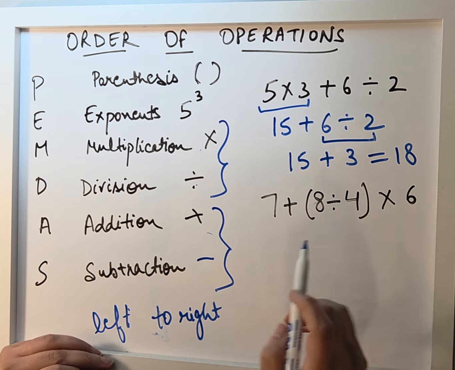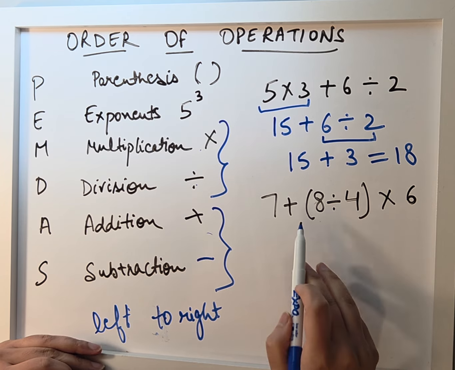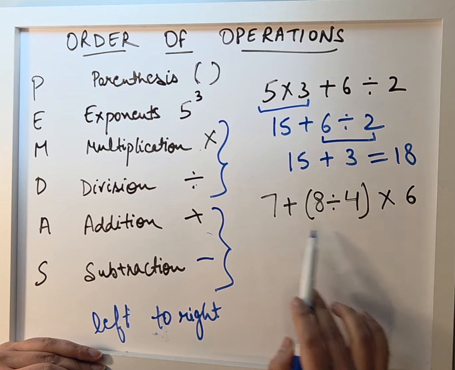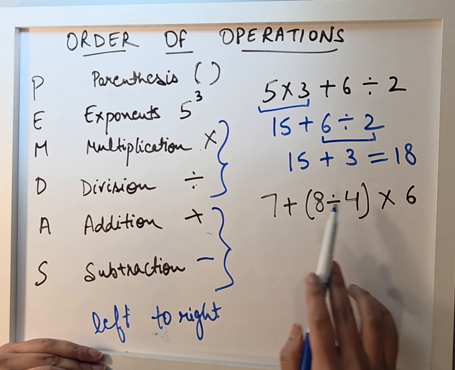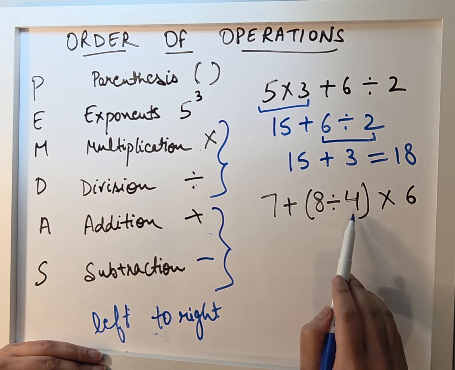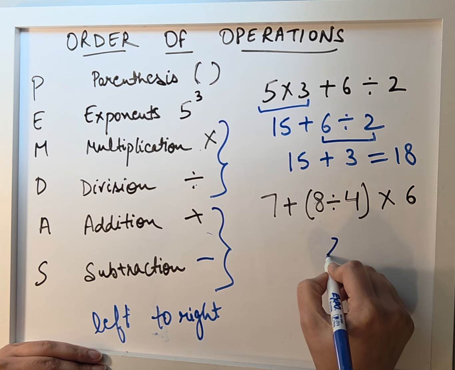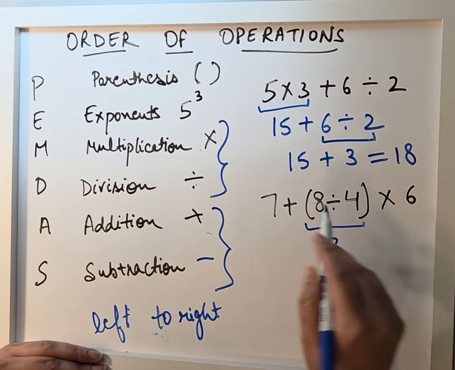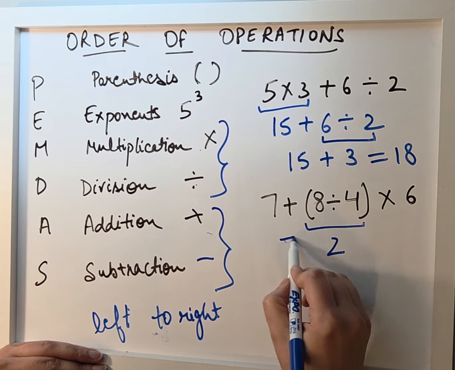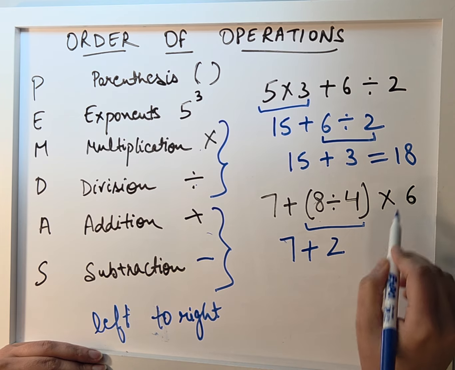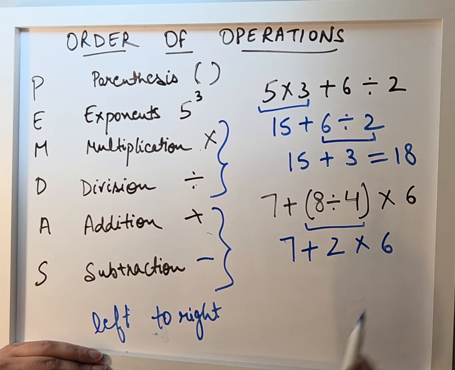Let's go in the order. Do we have parentheses? Yes. So we have to solve the parentheses first. 8 divided by 4 is 2. The rest we note down as is, 7 plus, and here multiply by 6.